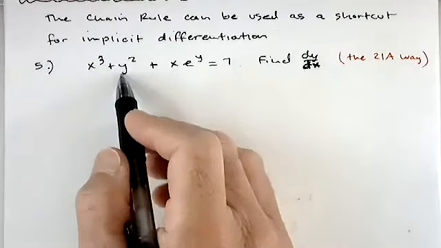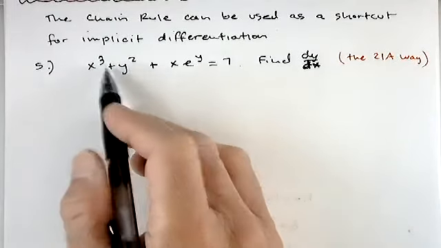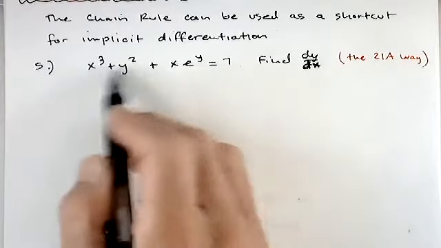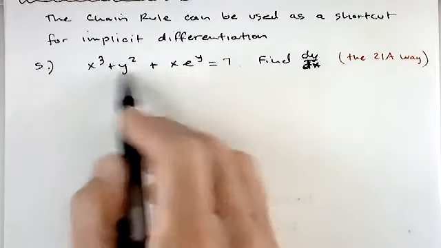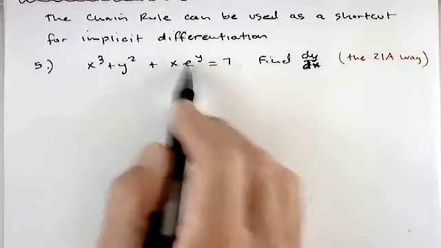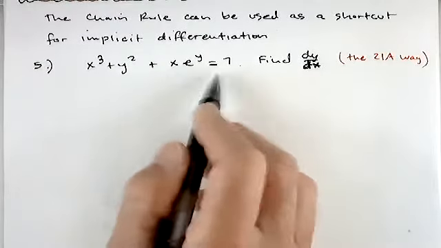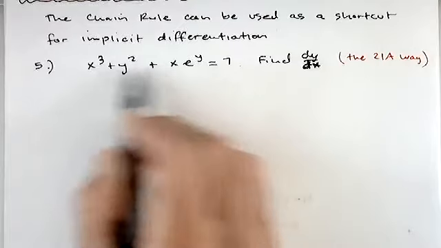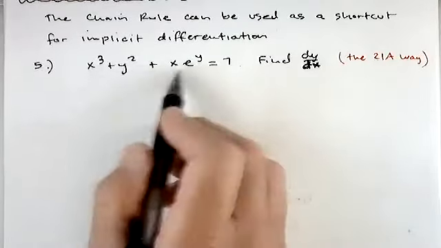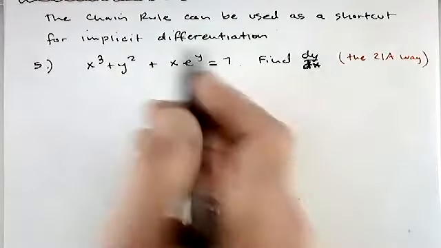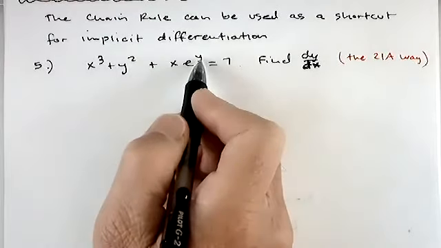Back in 21A, you were doing implicit differentiation when you had a function where your y's were buried in with your x's in the equation. In other words, it wasn't solved to be y equals some function of x. And in some cases, that's impossible to do. If I tried to solve this for y, I don't think I could do it because you've got a y squared there and e to the y.